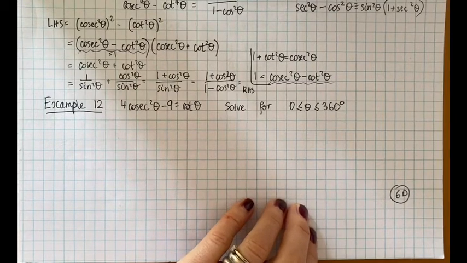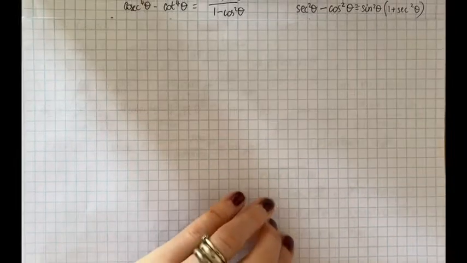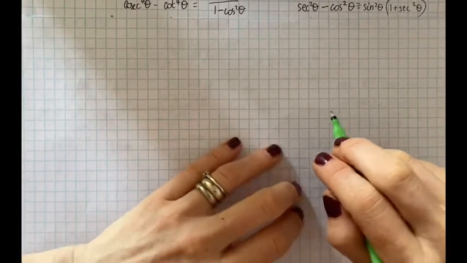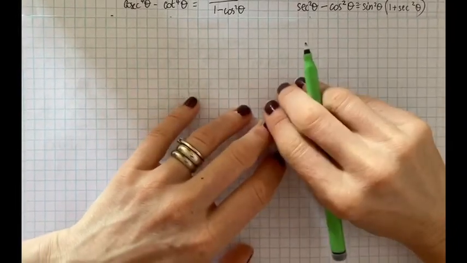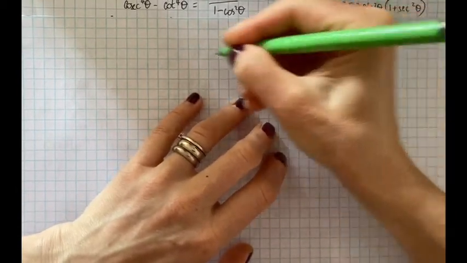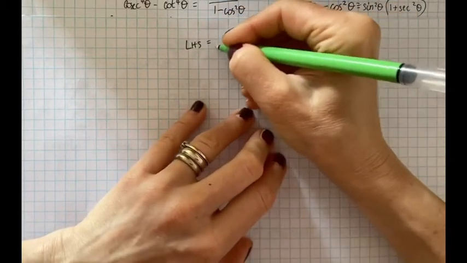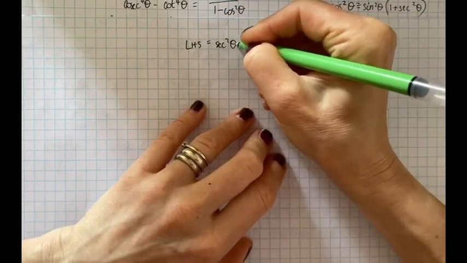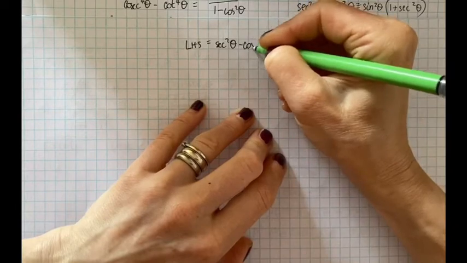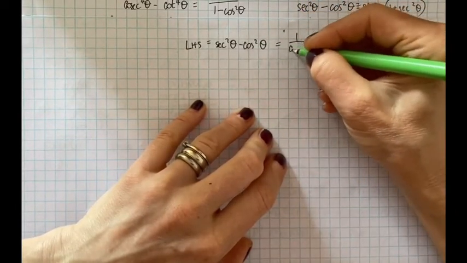Okay, in the next example, I'll rewrite it somewhere else. Okay, created a little bit more room. So over here, you've got a bit of a dilemma because you might want to start with the left-hand side, which looks like that, sec squared theta minus cos squared theta. And then you can change it into cos.